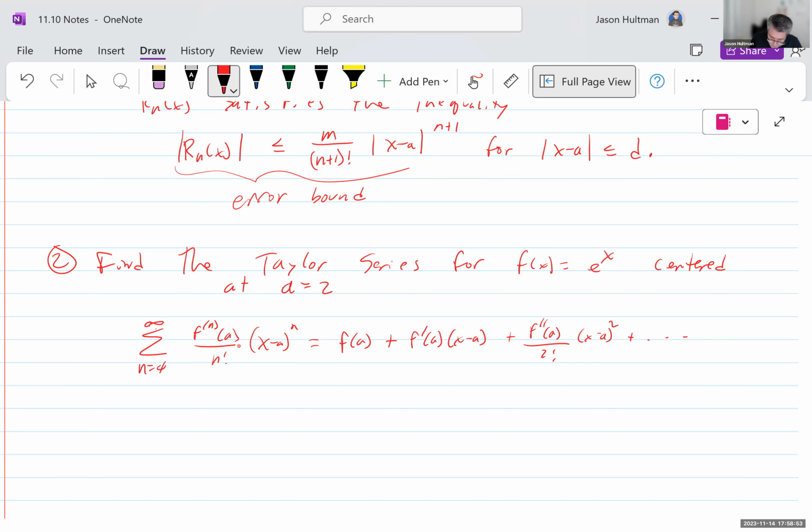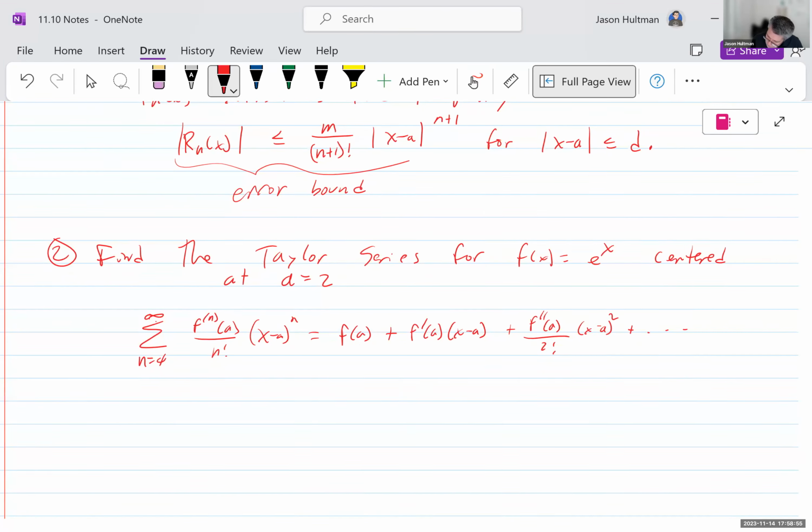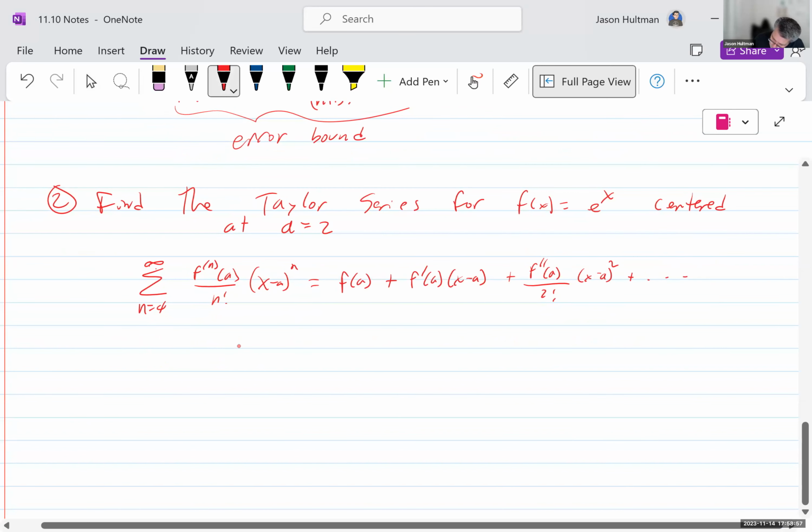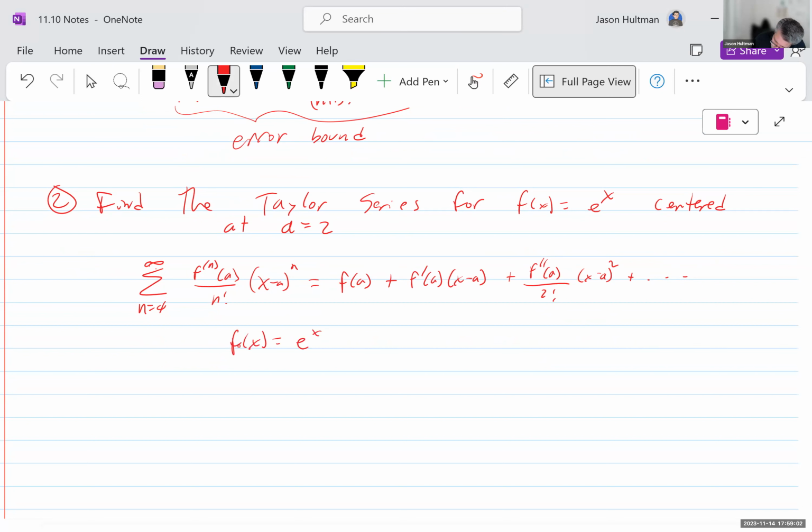Okay, so what do we need? We need some derivatives. So if f of x is equal to e to the x, then all of the subsequent derivatives are also going to be e to the x.